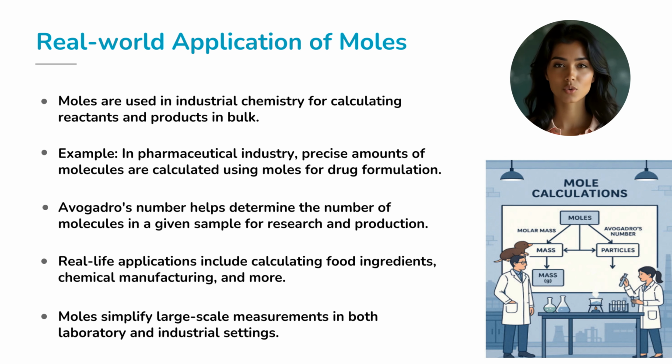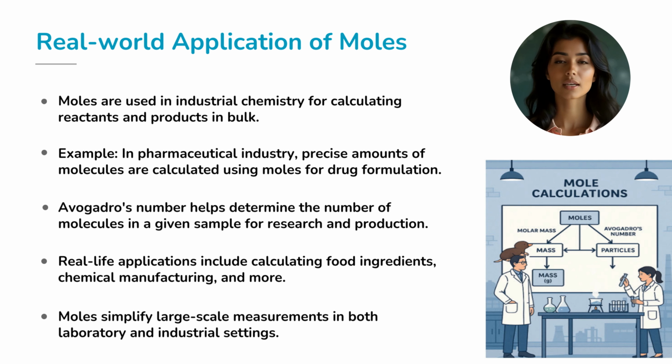Now, you might be wondering, how does this mole concept apply in real life? Well, let's think about the pharmaceutical industry. Chemists use moles to calculate exactly how many molecules of a drug are needed to achieve the right effect in the body.